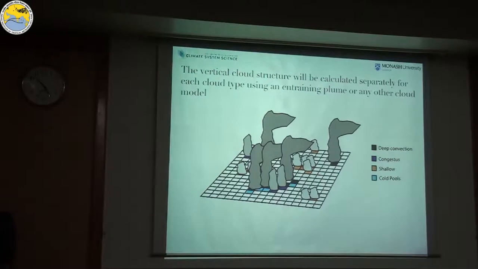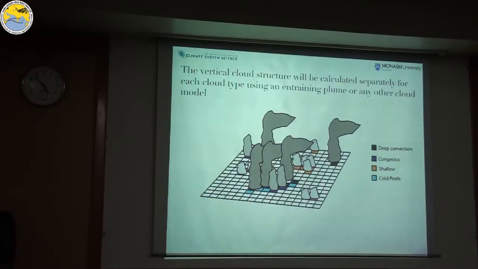So we will use entraining plumes. And in the initial implementation, it's really, really simple. We have the area fraction, and the vertical velocity we can calculate. I showed you the trigger function that we developed for the ECMWF model. That actually calculates vertical velocity at cloud base, right? So it's very simple. In the first implementation, I will show you results from, we did it in an even simpler way, which I'll come to.